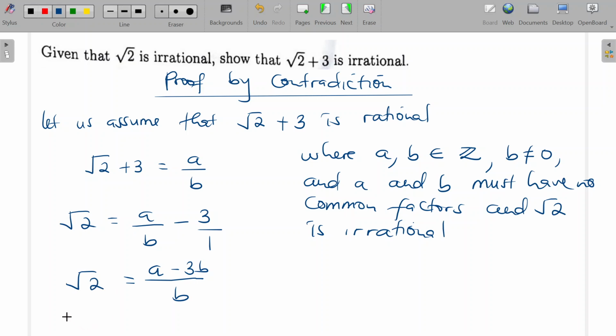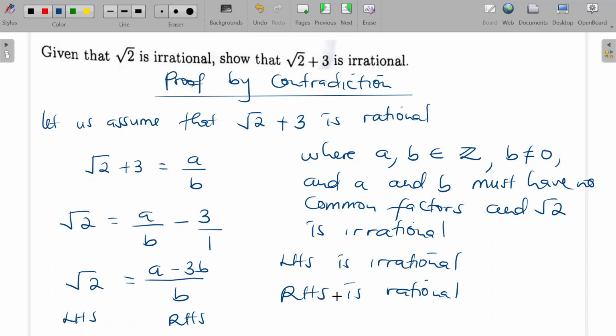Now you're going to identify that this is the left hand side, and this is the right hand side. The left hand side is this one. They've said that it is irrational. So the left hand side is irrational, and the right hand side is rational.